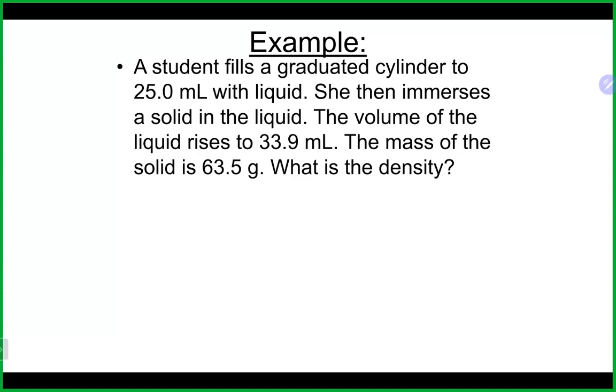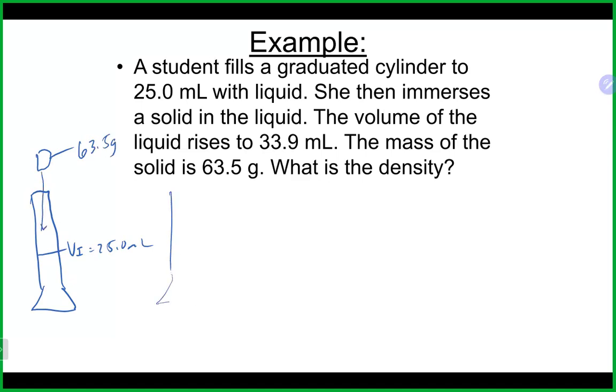Okay, so let's take a look at this. Very similar to what we did. We have a graduated cylinder there with an initial volume of 25 milliliters. We're going to take a solid that has a mass of 63.5 grams and drop it in there, and our volume will go up to 33.9 milliliters.